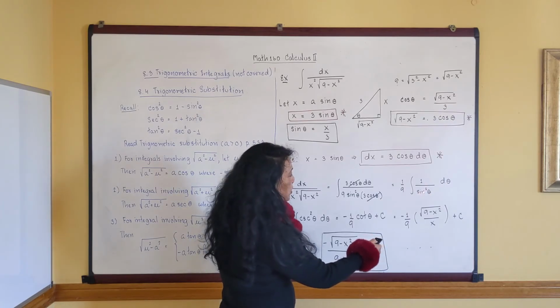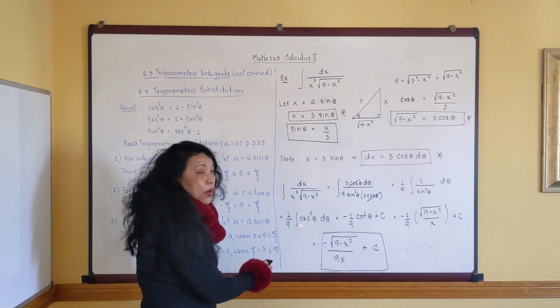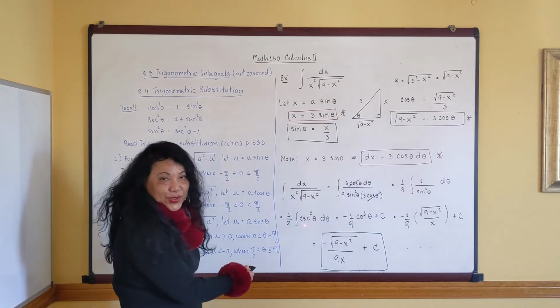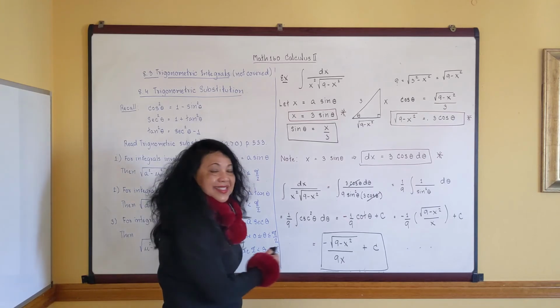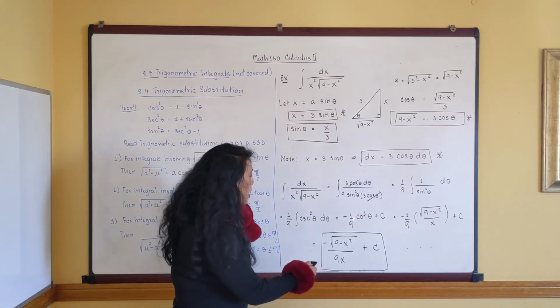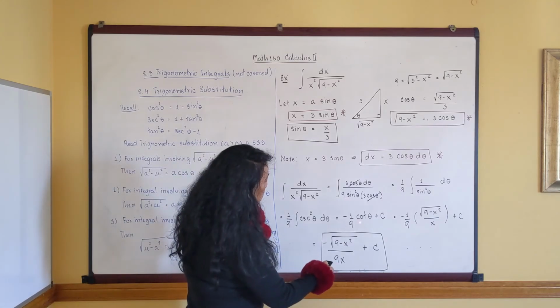1 over sine squared theta is equal to cosecant squared theta. You remember the trig function. So taking the integral of cosecant squared theta gives negative cotangent theta plus c. However, we have to substitute it back. We cannot leave it as a trig function.